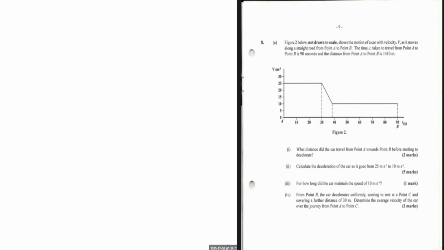It says at maximum velocity, the particle has no acceleration. It says find the time when the velocity is at its maximum. So at maximum velocity, the particle has no acceleration.